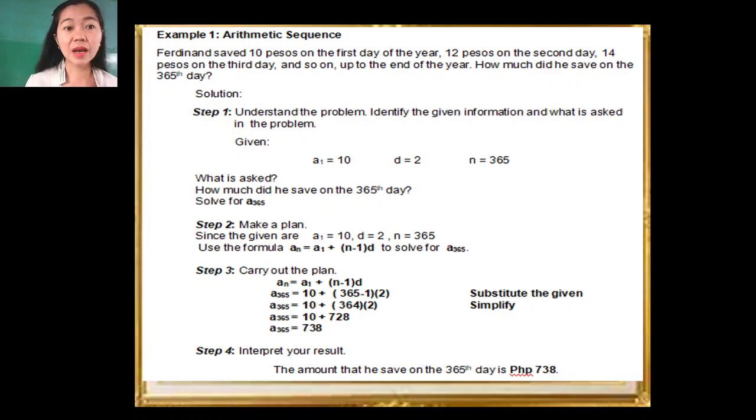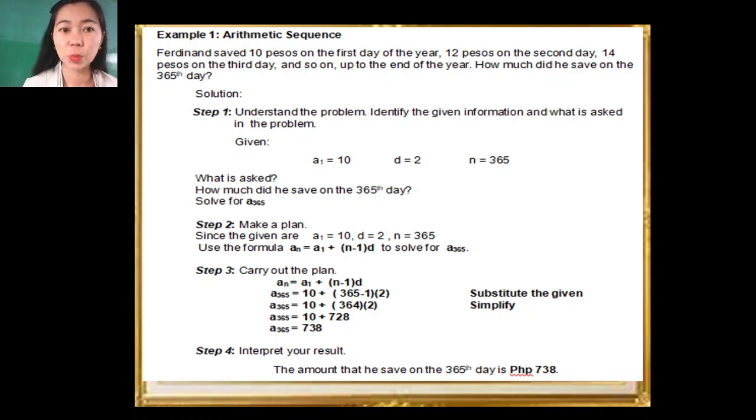And then, let us apply the following steps for our solution. Step 1, understand the problem, identify the given information, and what is asked in the problem. So, what are the given? Since the data are 10, 12, 14, the sequence is 10, 12, 14.